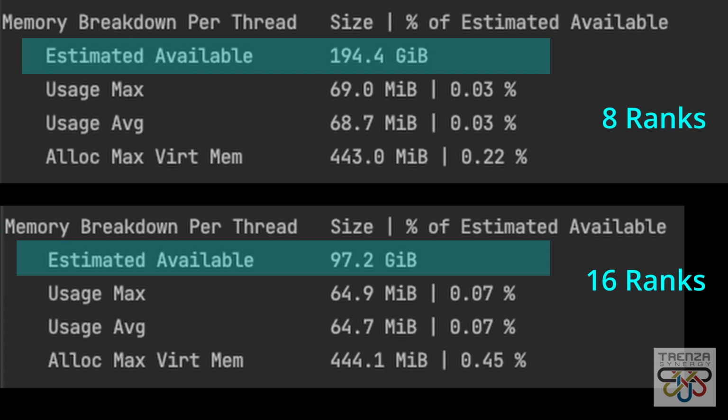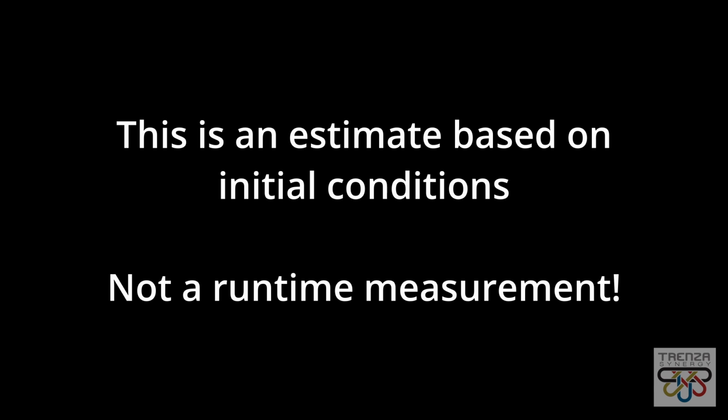So while in the 8 rank run, each rank had an estimated 194.4 gigabytes of memory available to it, in the 16 rank run, each rank had an estimate of 97.2 gigabytes of memory available to it, which is about half the amount. This is only a rough estimate based on the available memory before the run started and the number of ranks on the node. It is not an actual measurement of the memory available to the rank at the time the application is running.